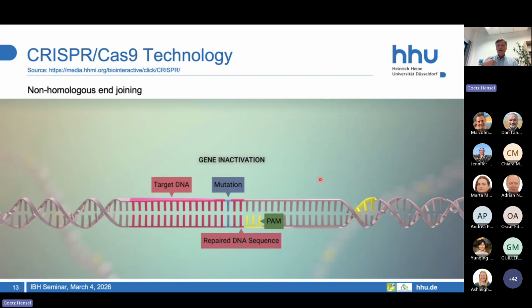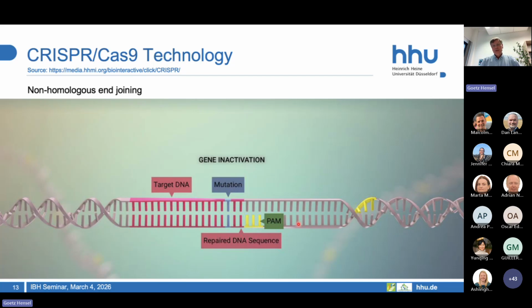But as the process starts from the beginning once the sequence is properly repaired, this can only be stopped by mutations, which occur here depending on the Cas enzyme. So for the most common one, Cas9, it's 3 nucleotides upstream of this protospacer adjacent motif, this PAM.